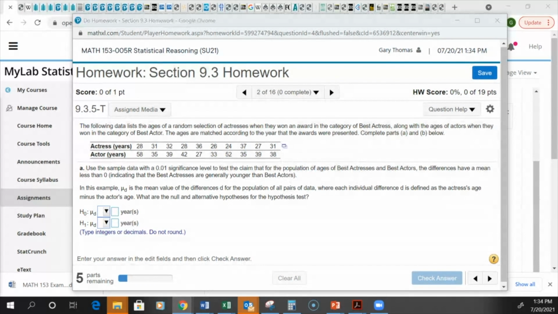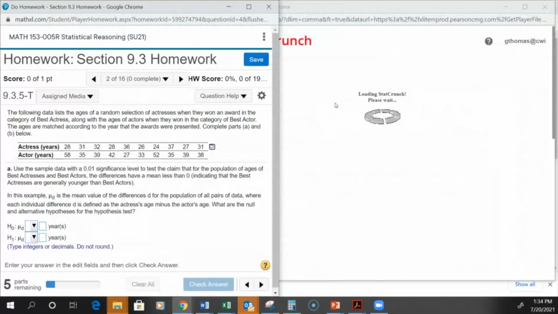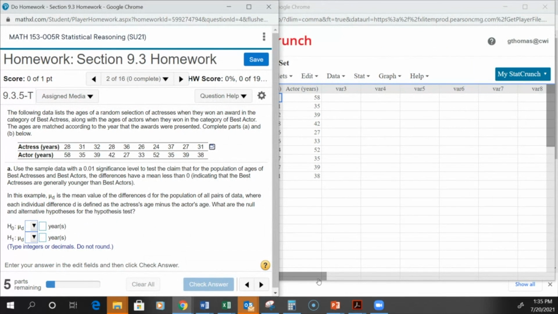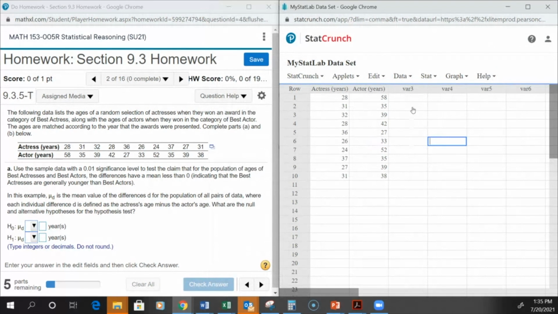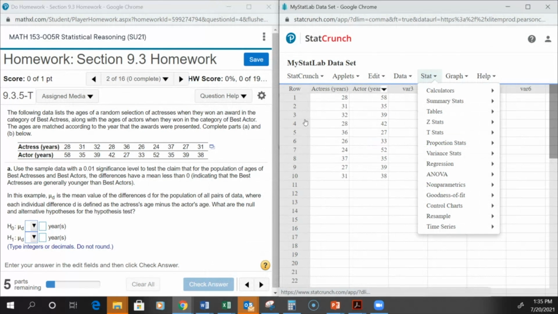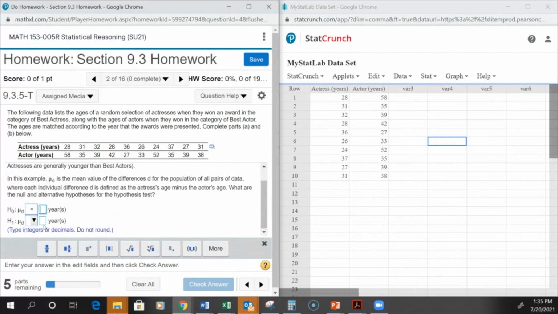So open it up in StatCrunch. Before we do that, let's do things properly. Mu sub d is the mean of the differences. The null hypothesis always says there's no difference, so there's going to be a 0 there.